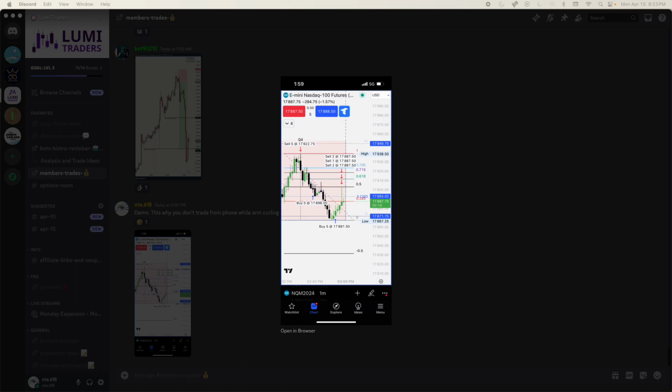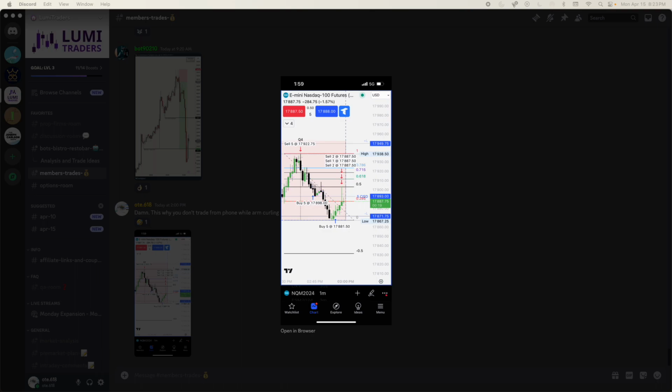Preferably the manipulation leg. You can also go with the OB or change in state of delivery for confluences. Here's 4, here's 2.5, and they look the same. This does look like a manipulation leg on our last leg and its downturn.